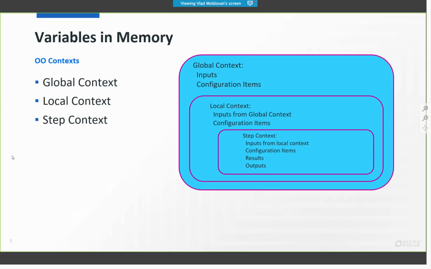One thing to keep in mind when we're talking about these step contexts and local contexts is that each step on its own is like an island. It can see everything around it, but can only use the resources that are passed to it.